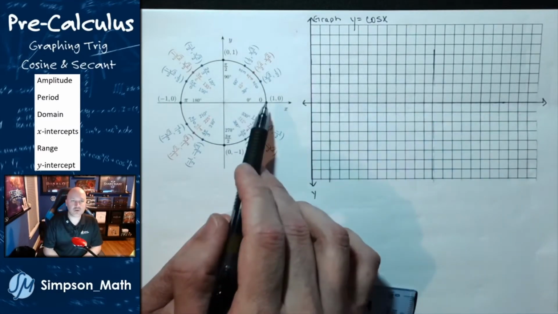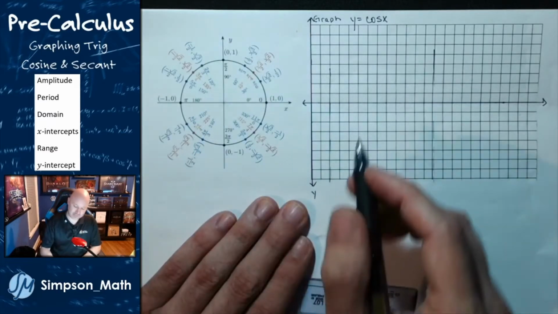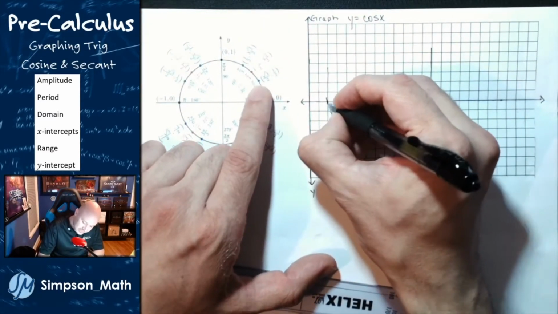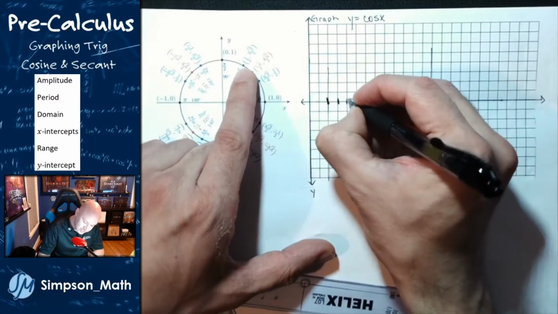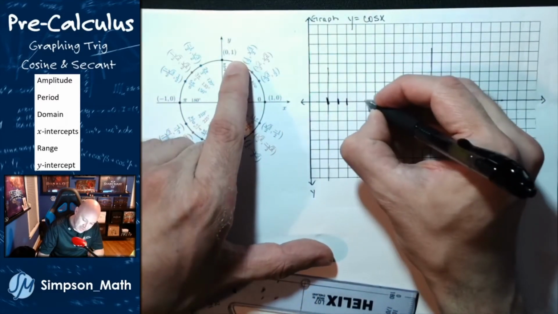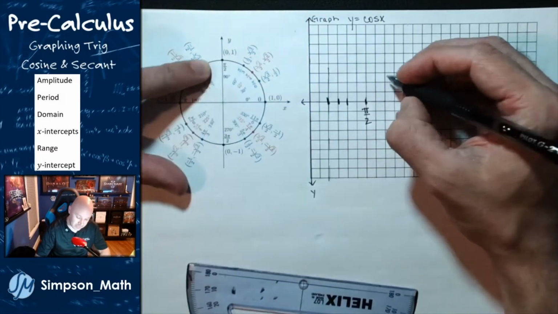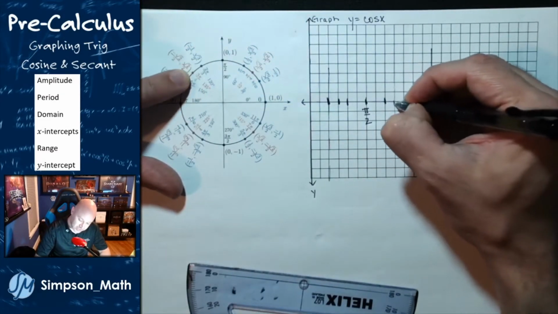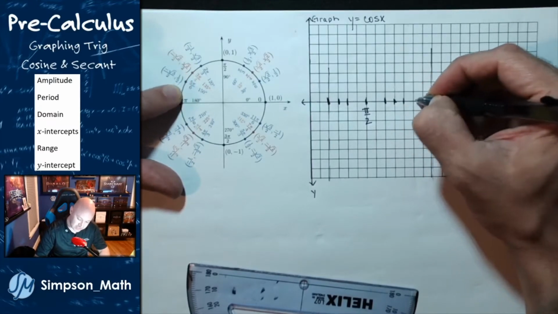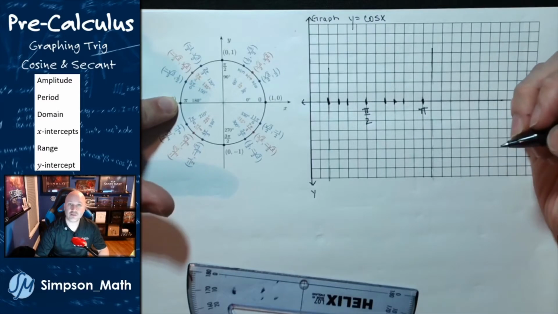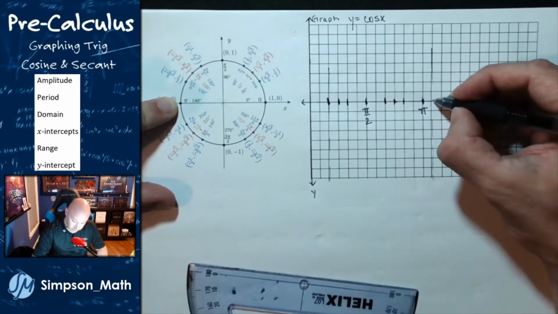So I'm just going to look at my unit circle to help remind me that we skip 15 degrees, dash, dash, dash, skip 75, and then we're at pi halves. Skip, dash, dash, dash, skip, we're now at pi. Do you see how quickly this is going?